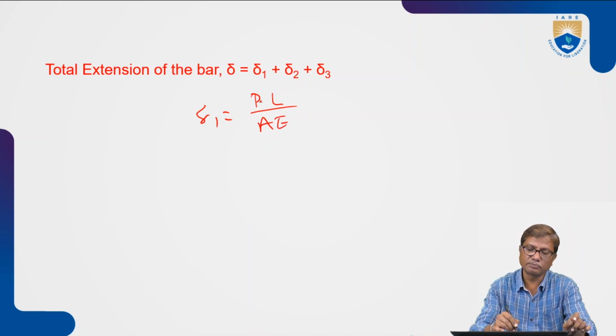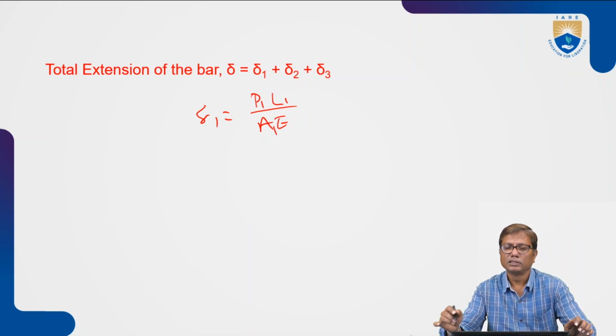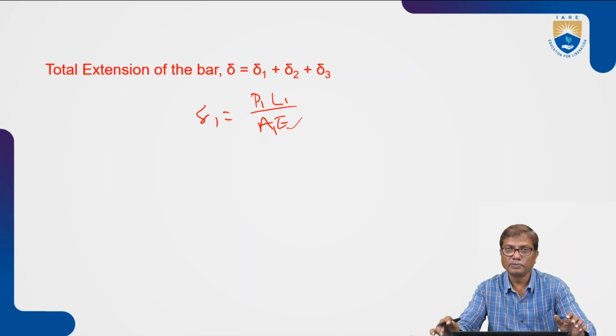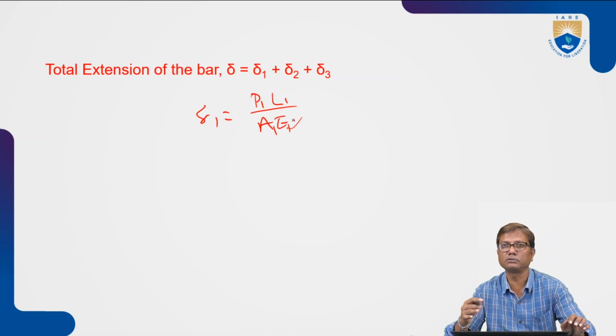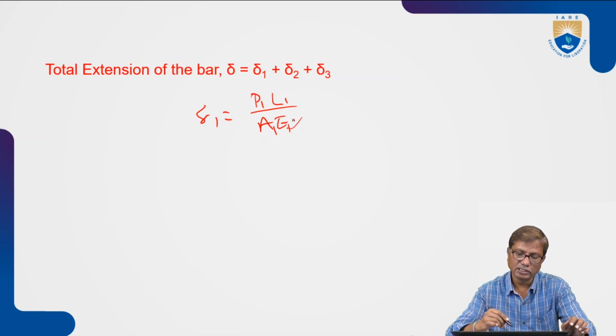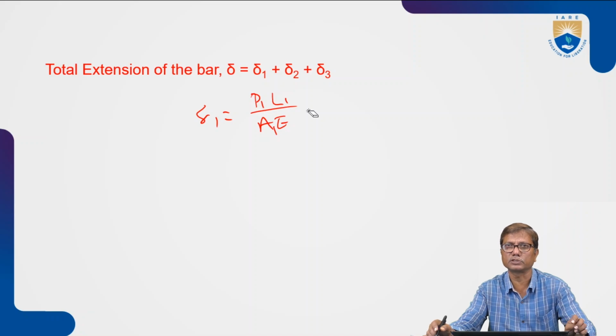So here for member AB, we take it as P1 L1 by A1 E. The material being same, E will be same for all the three portions. If materials are different, then E also will be different. Then we will take E1, E2 and E3 for three different portions. In this case, the material is same, so E is same for all the three portions.